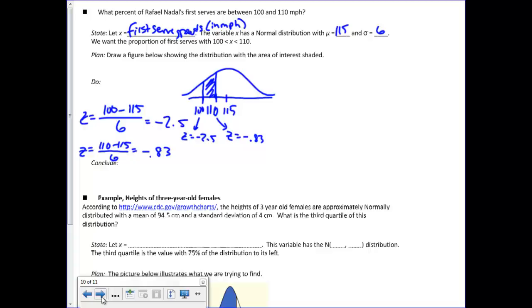So to figure out what's in the middle of those two, look up negative 2.5. Negative 2.50 is what it would be. So from here to the left, we have 0.0062.